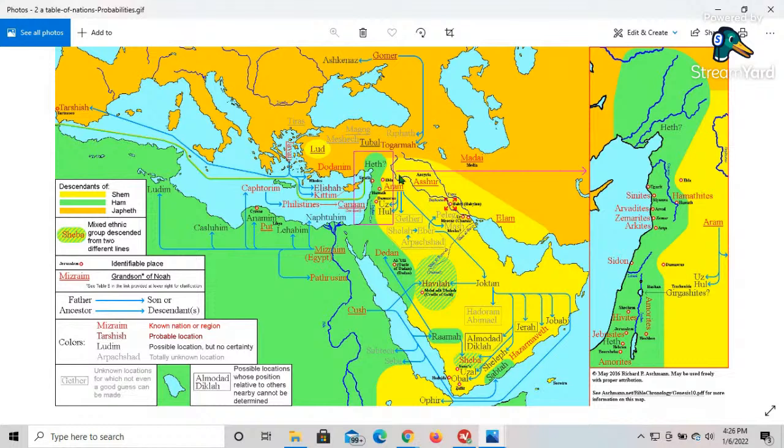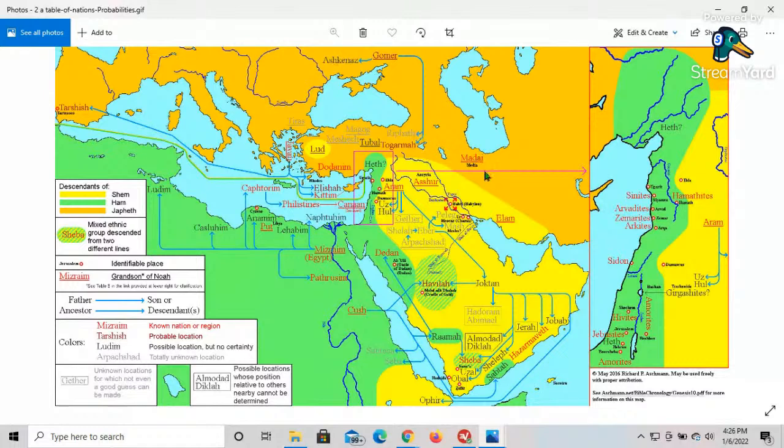Everybody else is from the outside. But Tubal is 8% of the population in central Italy today. Central Italy, 8% of the population is still Tubal. And of course, less up here and less down here. But 8% of the population today is still significant because that's the original population of Italy.